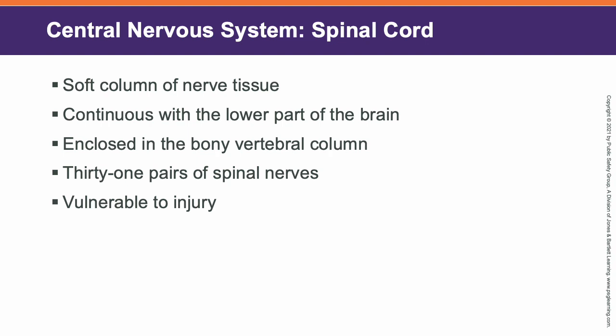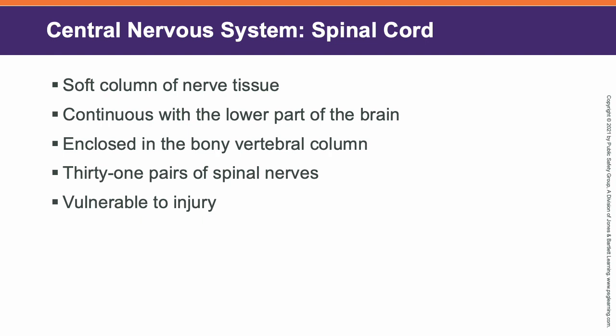Your spinal cord is a lot more vulnerable to injury than your brain is, mainly because although it is surrounded by all your vertebrae in your back, in order for you to be able to move your back and bend and things like that, between each of your vertebrae, you have joints that allow your back to bend.